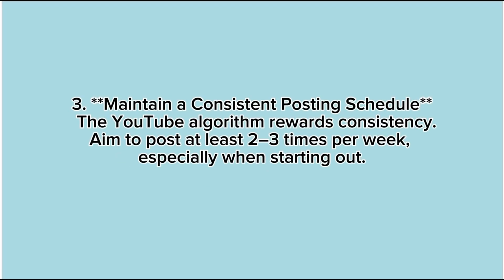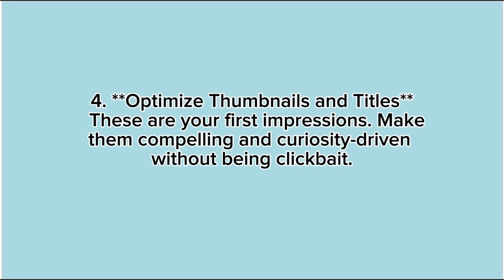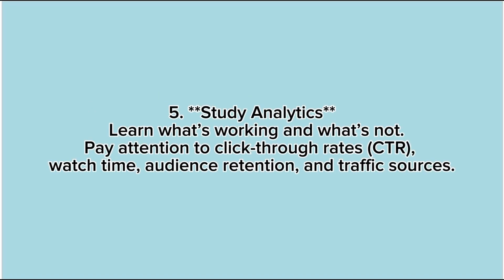3. Maintain a consistent posting schedule. The YouTube algorithm rewards consistency. Aim to post at least 2 to 3 times per week, especially when starting out. 4. Optimize thumbnails and titles. These are your first impressions. Make them compelling and curiosity-driven, without being clickbait. 5.